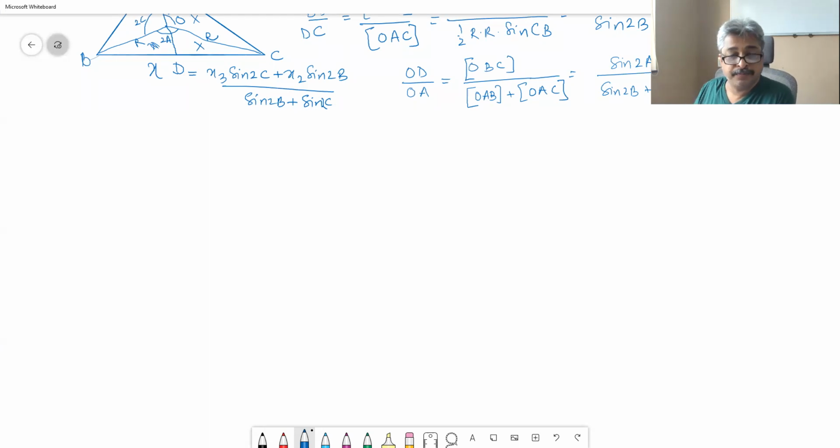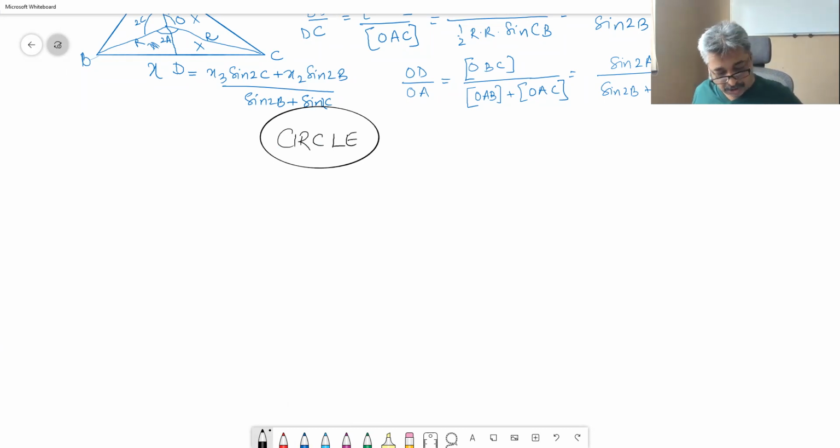Circle. Ellipse आला पण ठीक आहे, circle. So in circle, what are the things that we are supposed to do? One, we know definition. It's a locus of point equidistant from a fixed point in a given plane.